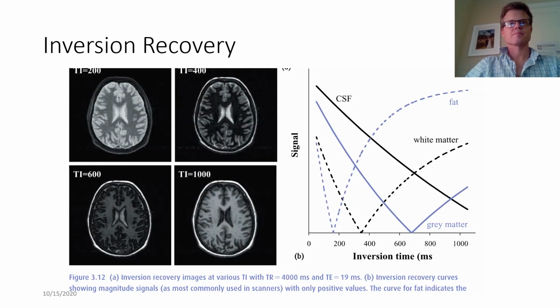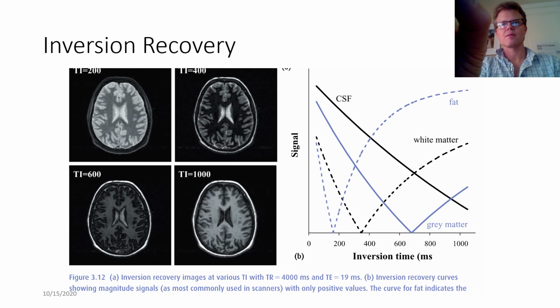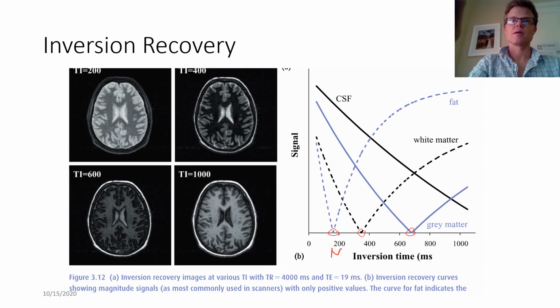And there's one very compelling reason why we do that, and that's the fact that for a certain choice of TR and inversion times, we're going to get times where we've actually nulled, or canceled out, the signals from various tissues.